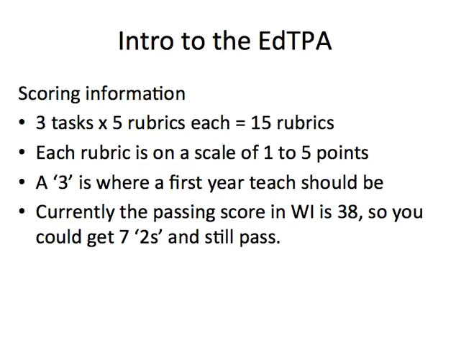Now, if you average all that out, an average of 3 on 15 rubrics, you should get a score of 45. Well, currently in Wisconsin, the passing score is 38. They may raise that, but in other words, you can get 7 out of these 15, or almost half of them, to be 2s, and you can still pass. So the bar's not set that high. We'll see.